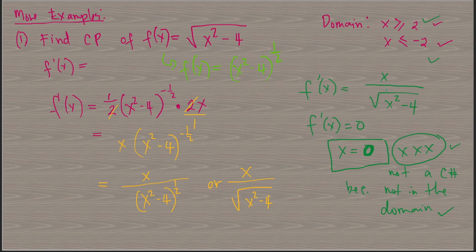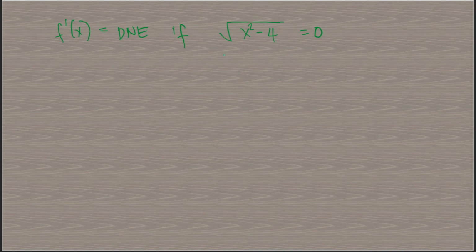So when the denominator is 0, the derivative does not exist. That's why we set x squared minus 4, our denominator, to 0, so that we can identify the x values that will make our derivative not exist.